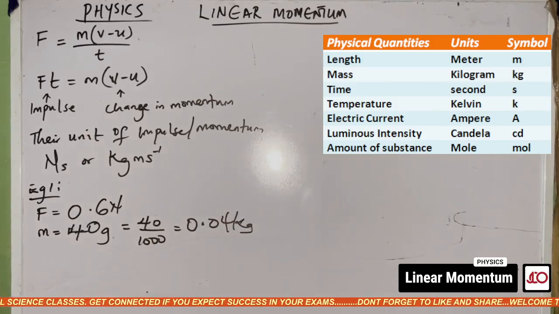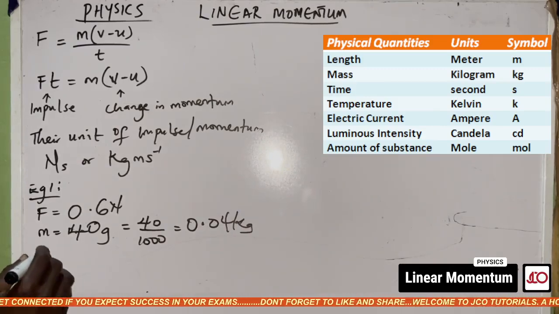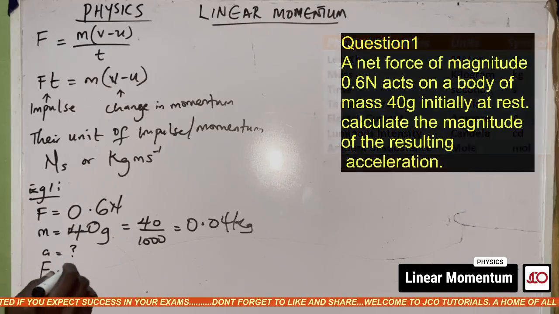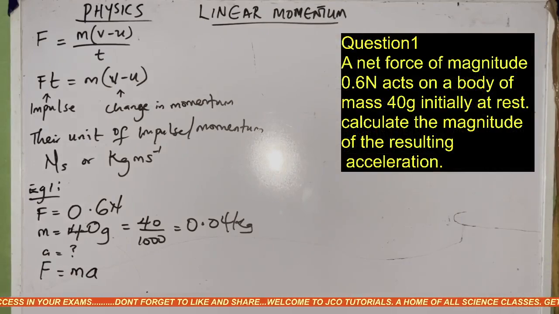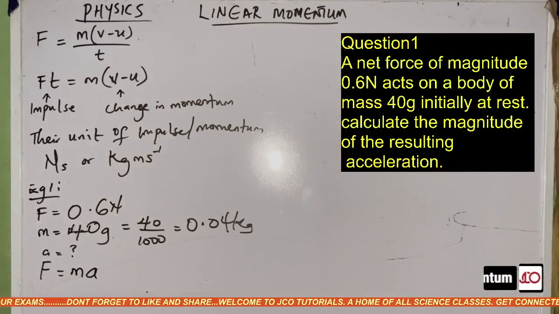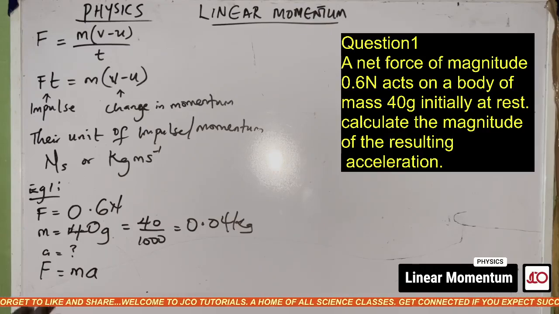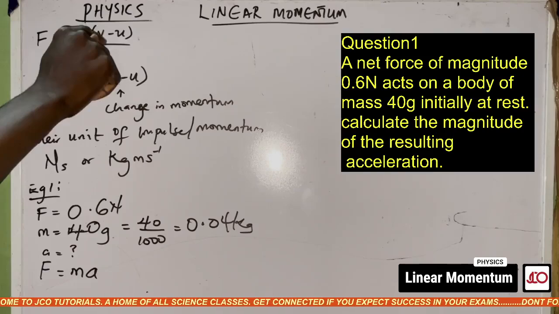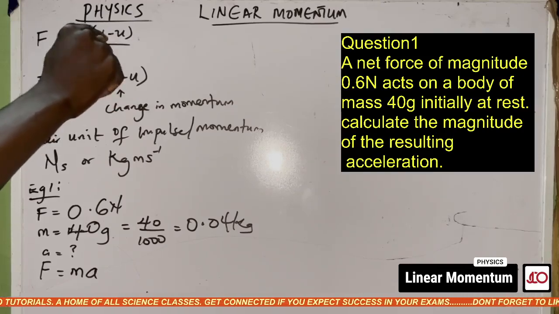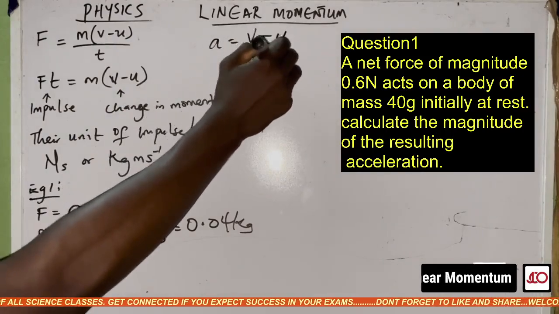So having gotten that, what's your formula? You're looking for acceleration. Acceleration is unknown. Now force is equal to mass times what? Mass times acceleration. So in linear momentum, it is Newton's second law that gives us this mass and acceleration, because acceleration is change in velocity over time. Acceleration in itself is V minus U over t.